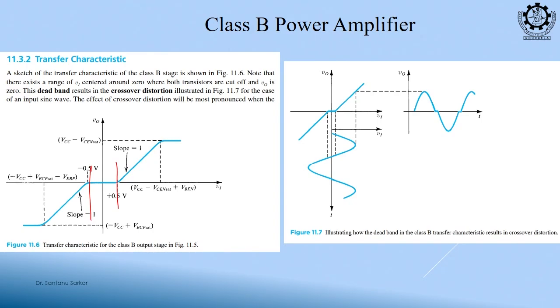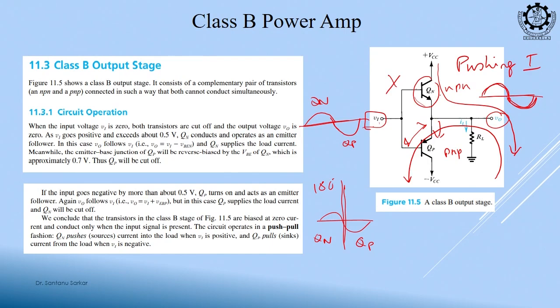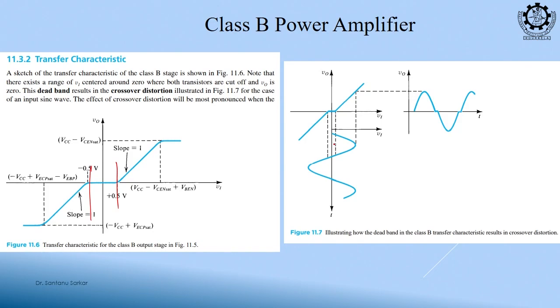So, what will happen to the load voltage? If both of the transistors are off, who will be delivering my current to the load? This path is also disconnected, this path is also disconnected. My output power is 0, clear. So, this is my input full sine wave, but my output is something like that.